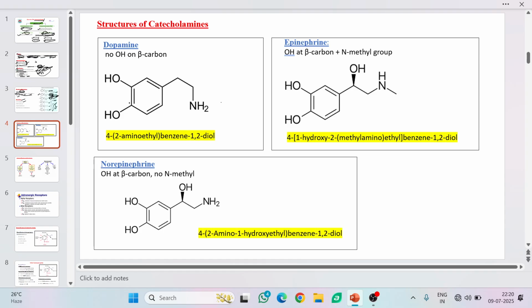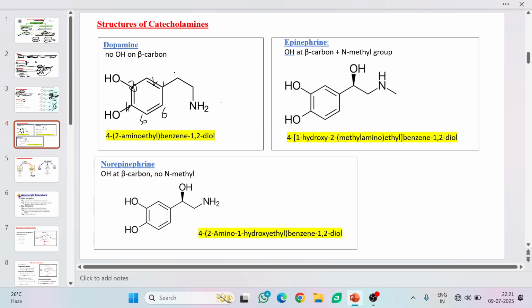It contains this catechol nucleus, with positions three, four, five and six on the benzene ring. This is 3,4 dihydroxy. Any molecule which contains this 3,4 dihydroxy on a benzene ring is called a catechol.